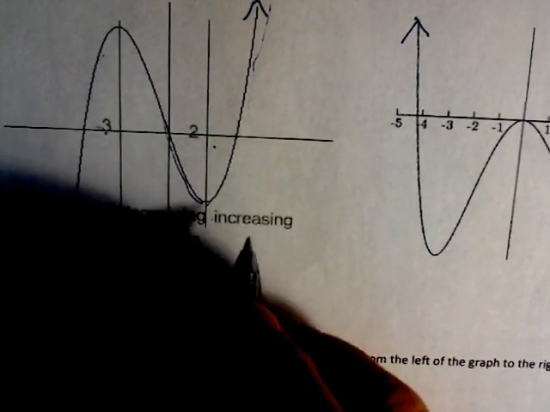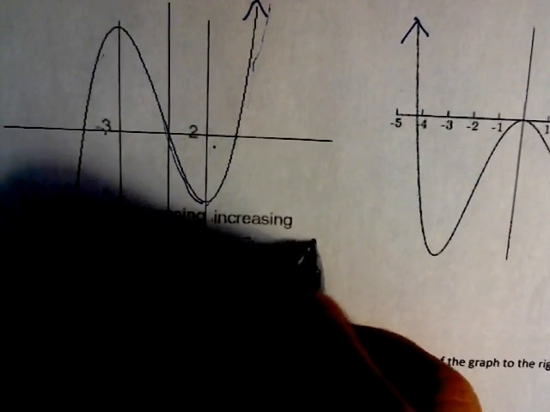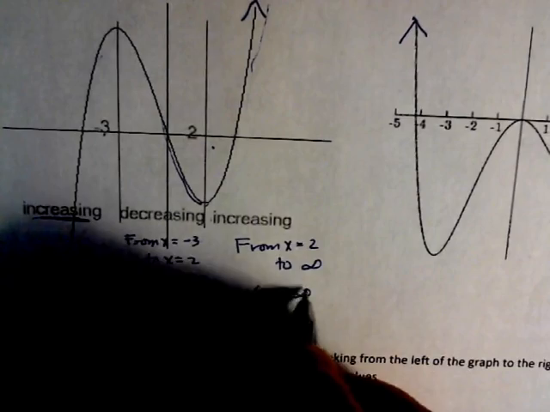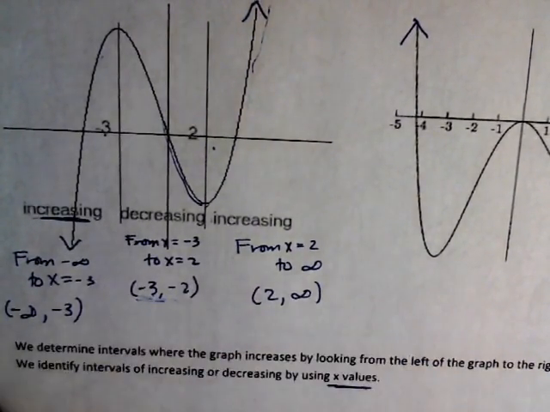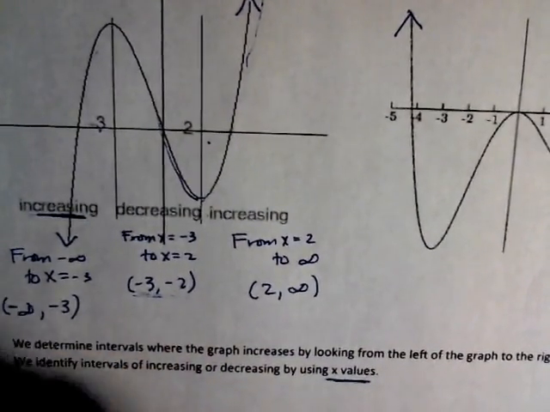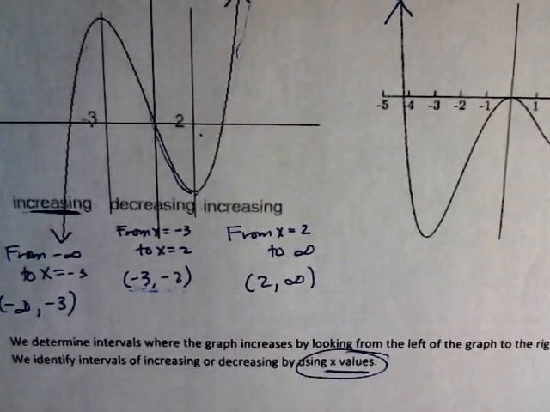The other location where it's increasing is from x is 2 to +infinity, which again we can write as an interval. So just keep in mind how you are writing these intervals, and that you must use x values. If there's one thing I can stress, please remember to use your x values.